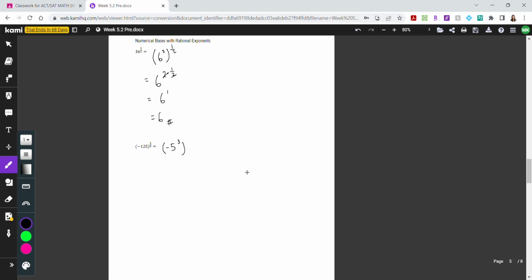So I'm going to rewrite it as that to the power of 1/3. Let's open the parentheses. So now I know it's going to be negative 5 to the power of 3 times 1/3. Simplify everything. It's going to give me negative 5 to the power of 1. Therefore, my final answer is going to be negative 5. And that's it.